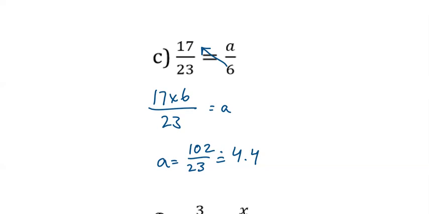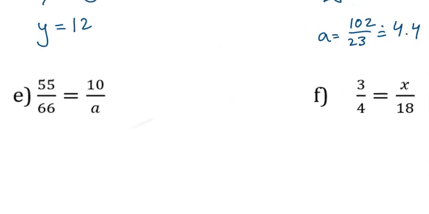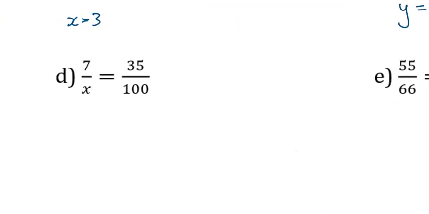Okay, what's different about F, or D, sorry? What's different about D? X is on the bottom. So this is one where I would take both bottoms and multiply them to the other side. So I end up with 7 times 100 equals 35x.